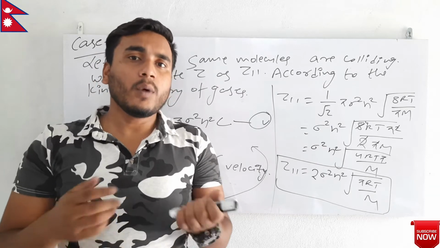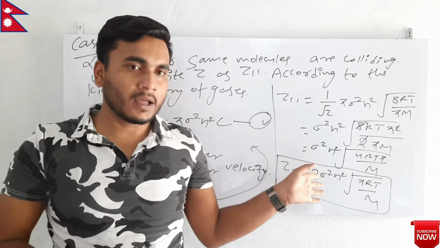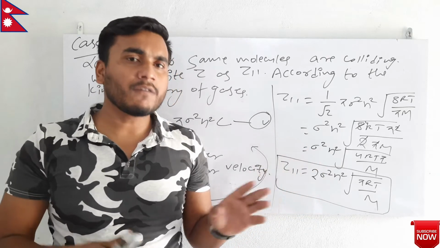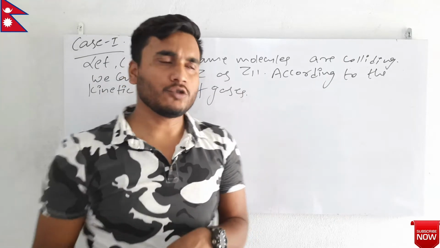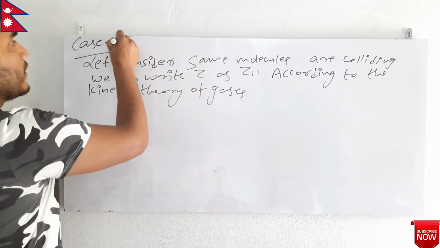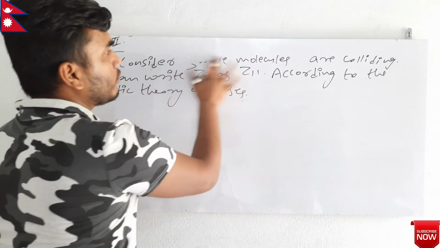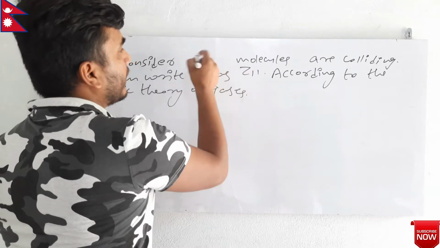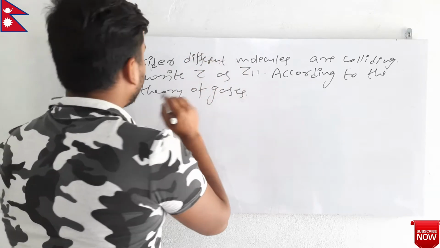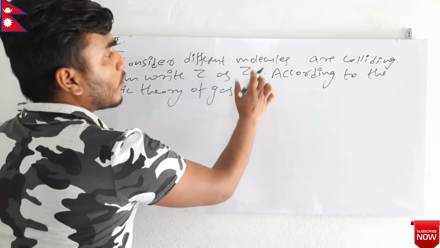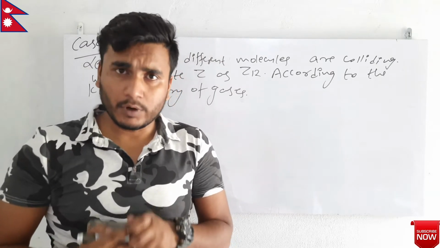Now let's see what happens when the molecules are different, or what changes do we see over here. How do we calculate the number of collisions per second per unit volume? It's time to see case 2. Here I am writing this case 2 and nothing should be changed, but only a few words, that is, this same will be different, and this 11 will be equal to 12. 12 represents different types of molecules.